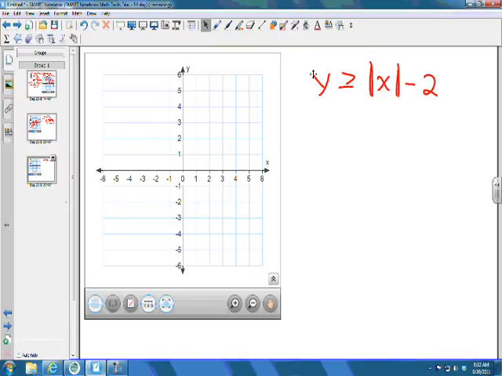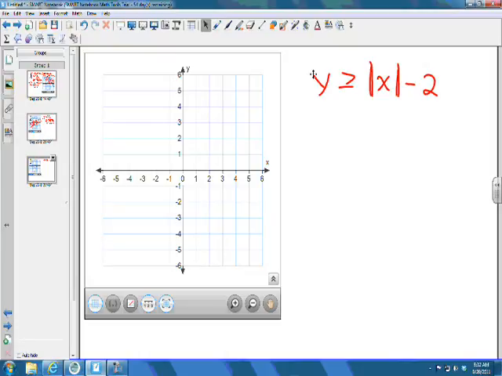I think there's another way to do it, but I'm not sure of it right now. But if you hit your second 0, it will bring up all those functions. It just so happens absolute value is the first one. ABS with an open parenthesis is the first one listed. So if you hit enter, it will be right there next to your y equals. So you have y equals ABS and an open parenthesis.